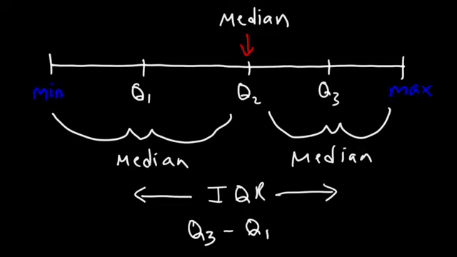Now the next thing that I want to mention is the ability to identify if a number in a data set is an outlier. So here's what you need to know. It's not going to be an outlier if it's within this range.